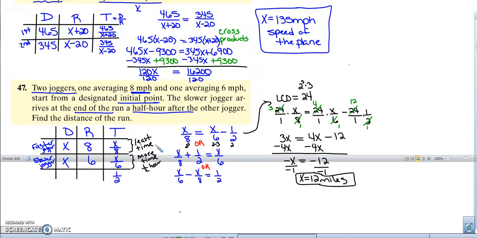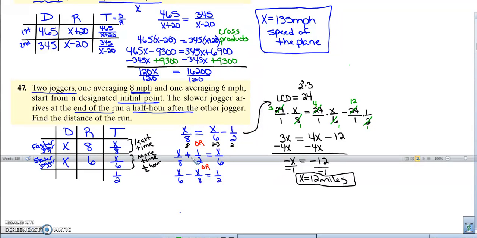So one of the ways we could set this up, and I show you three separate ways here, is we could take, first of all here, the faster jogger, which has the least amount of time, and say that he would be equivalent to the slower jogger who actually took more time minus 1/2. So if we took the slower jogger's time and subtracted the 1/2 hour that it took him extra, it would equal the faster person's time.